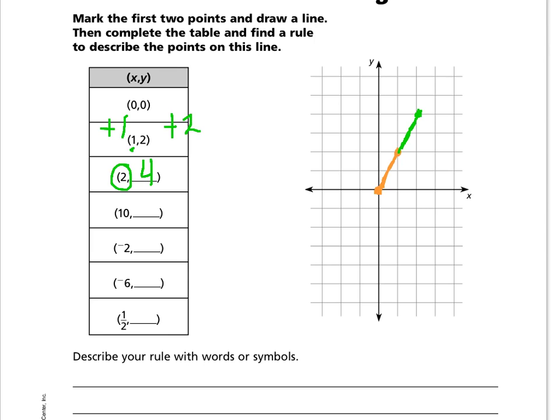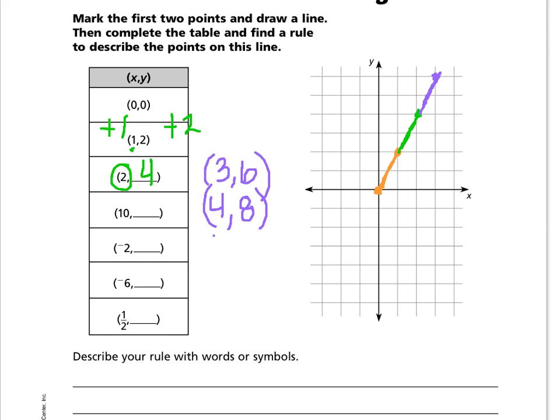I'm going to do the same thing for 10. Before I do that though, I'm going to find what my other coordinates would be. If I had 3, then I would add 2 to the 4, which would be a 6. The purple connected that line. If I had a 4, I would add 2 to the 6, which would be 8.